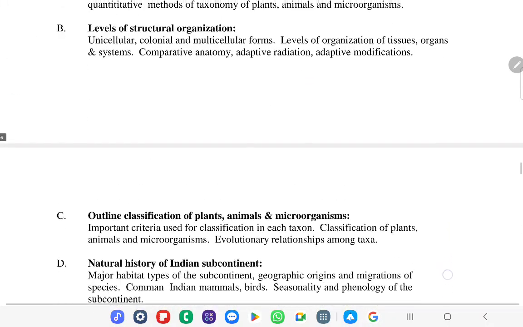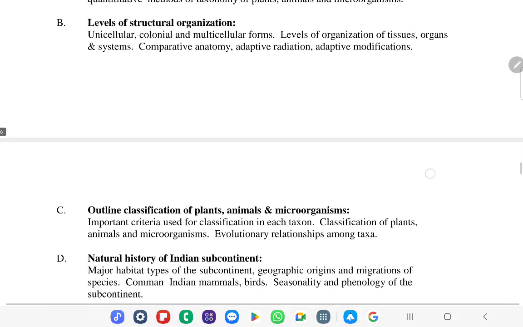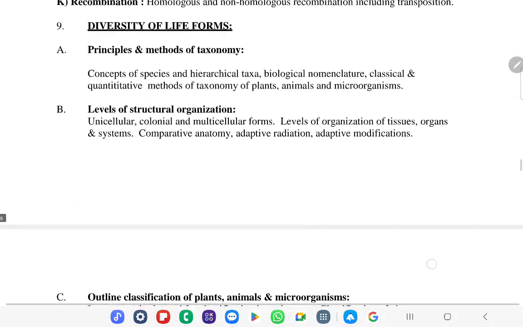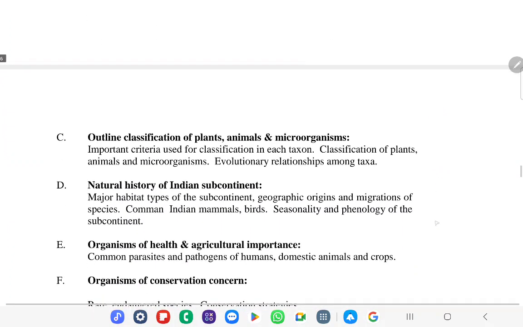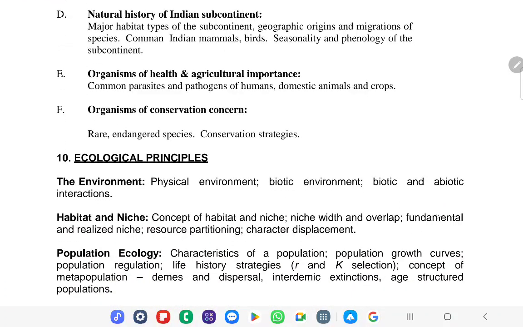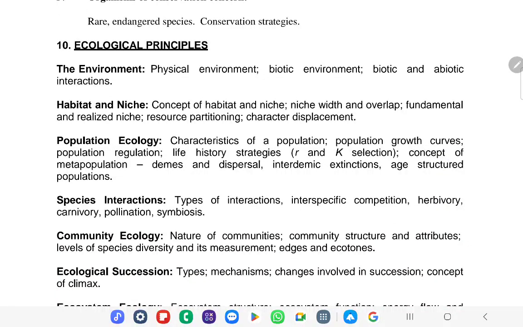These are the subunits of diversity of life forms, so 6 subunits. You can write in your book the syllabus content and how many subunits there are.